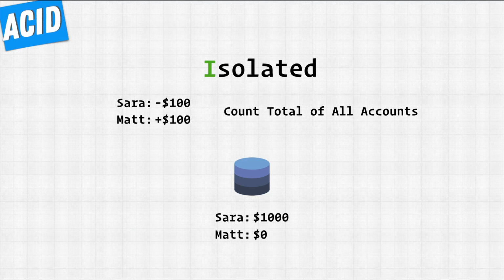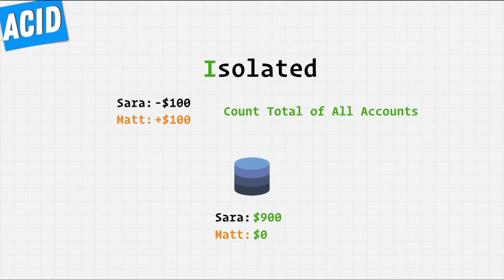Let's imagine that Sarah's account first subtracts the $100. So in this first step of the transaction, Sarah loses the 100 and that balance updates to 900. But let's say before the Matt credit happens, our other transaction, count total of all accounts, runs. In this particular case, the Matt balance has not updated, but it's still going to read the total of all of the accounts.